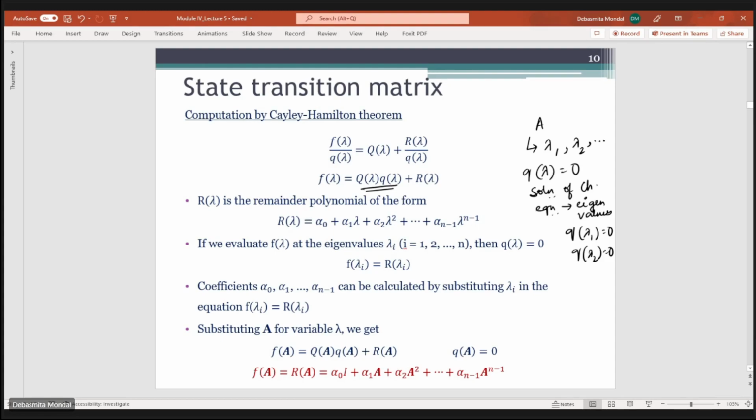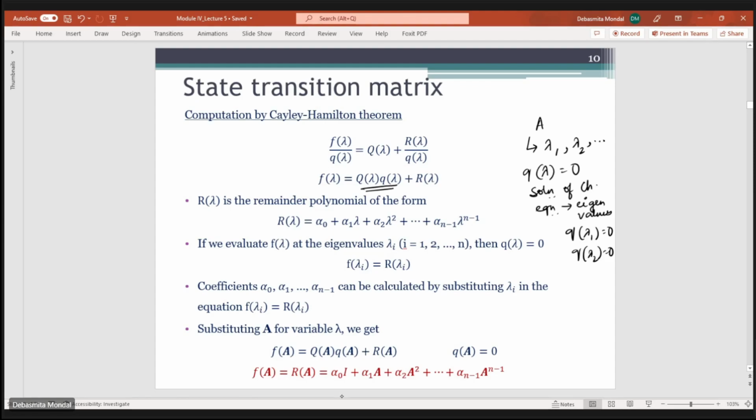The Cayley-Hamilton theorem says that a square matrix A will satisfy its own characteristic equation. That means the value of q of A will be equal to 0. So if q of A is equal to 0, this term goes to 0, and you end up with f of A equal to r of A. And r of A you can express from this equation: alpha 0 into I plus alpha 1 into A, and so on and so forth.